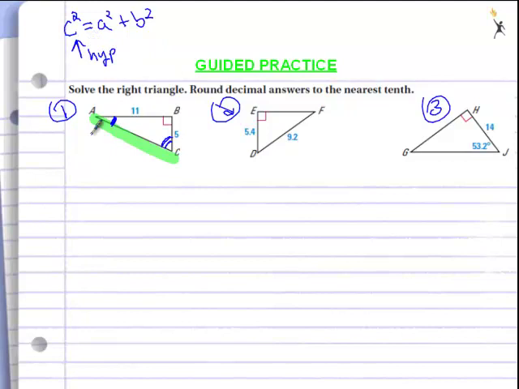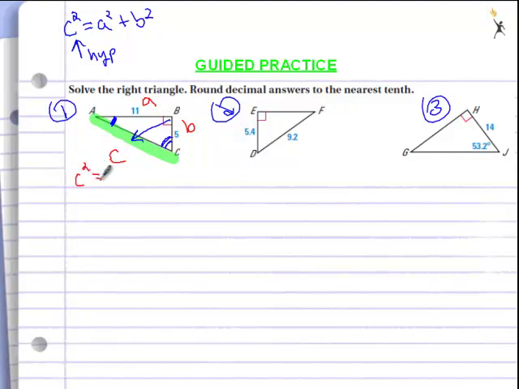Well, if I look in this problem, where is my hypotenuse? In any right triangle, the hypotenuse is across from the 90-degree angle. Here's my 90. That means that the side across from it is the hypotenuse. AC, which conveniently is the side that I'm solving for, is my C. And I'm going to randomly label the other sides A and B. Now I can set up my Pythagorean theorem and solve for it.